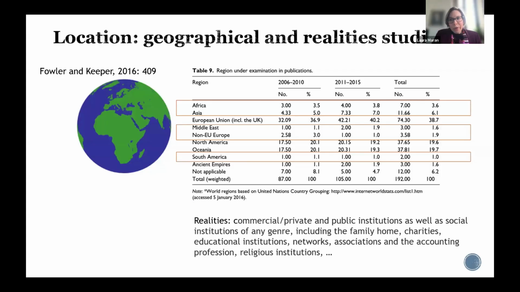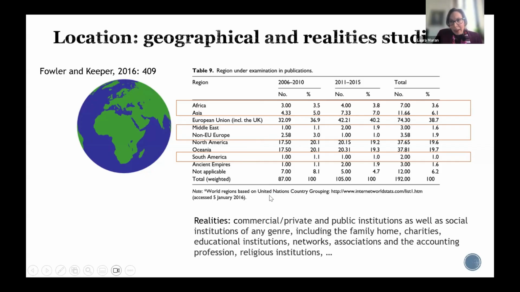We also have some major spread of articles. As you can see here, the countries in the European Union, North America, and some in Oceania are still the most targeted, whereas we have a dearth of contributions coming from Africa, for instance, from the Far East Asia, from the Middle East or South America.